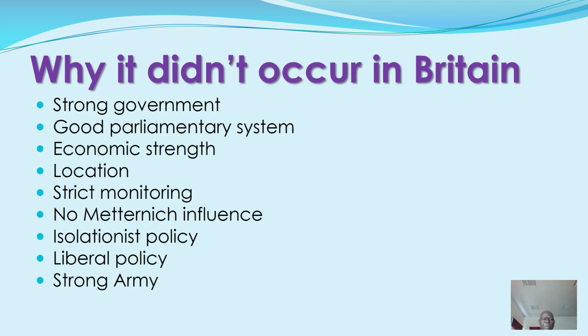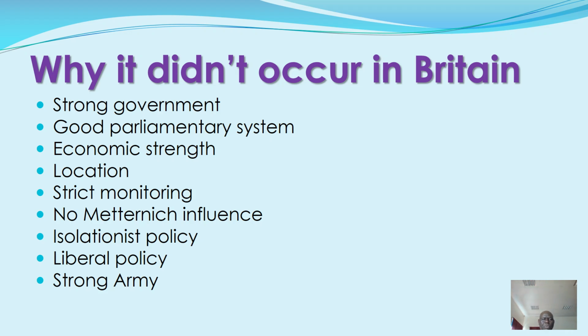Then we talk of the good parliamentary system, especially democracy, that was practiced in Britain and even in Belgium after the Belgian Revolution. The economic strength of these countries: Britain was the first country in Europe to undergo industrial revolution.